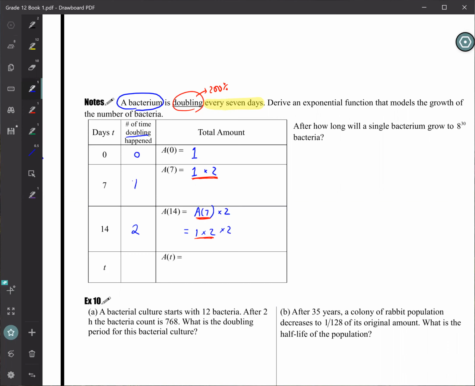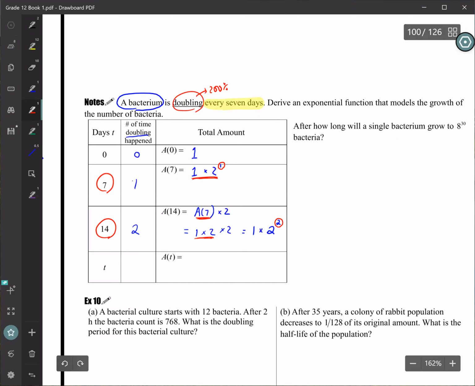So you will have initial 1 multiplied by 2, which means double, to the square. If it's 7 days, it will be 1 times 2 to the 1. 7 days, it will be 1. 14 days, it will be 2. So that's the pattern. If it's 21 days, another week, it will be to the cube.